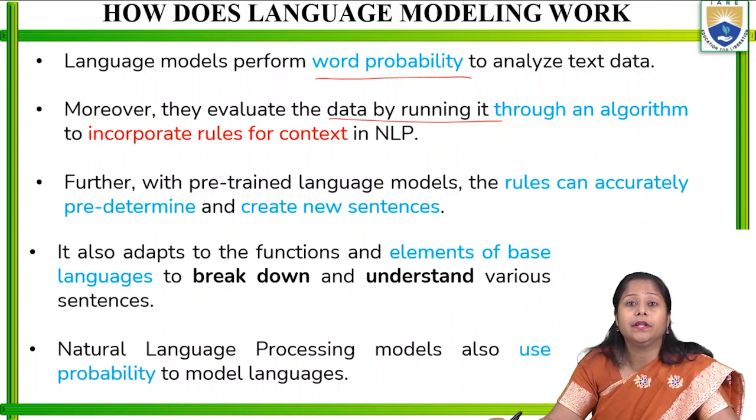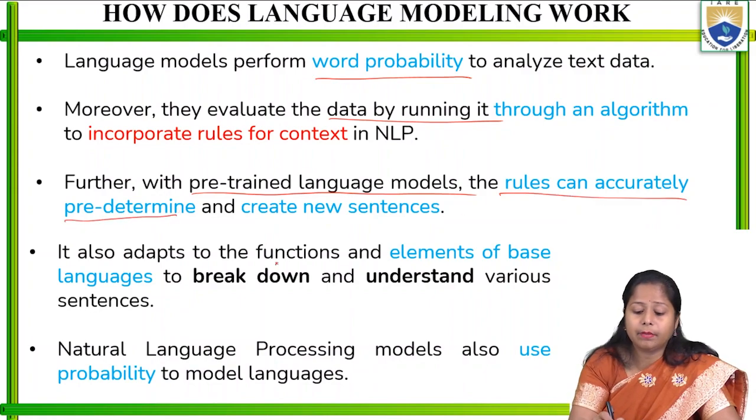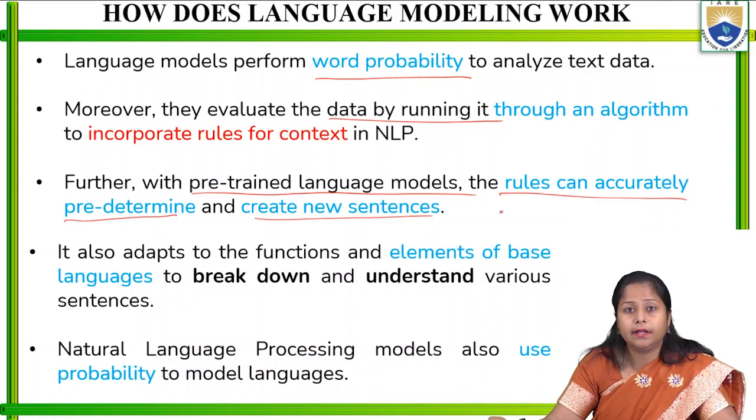So this is the interpretation of a language model, how it starts and how it gives the different results. Further, with the pre-trained language model, the rules can accurately predetermine and create new sentences out of the given sentences.